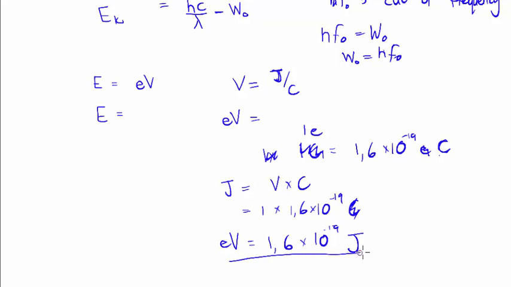Okay, so an electron volt. And the reason why we use this is because that is a very small number. That's the unit: 1 electron volt is that many joules. It's a very small number because 10 to the power of negative 19 is very small. But that's true.